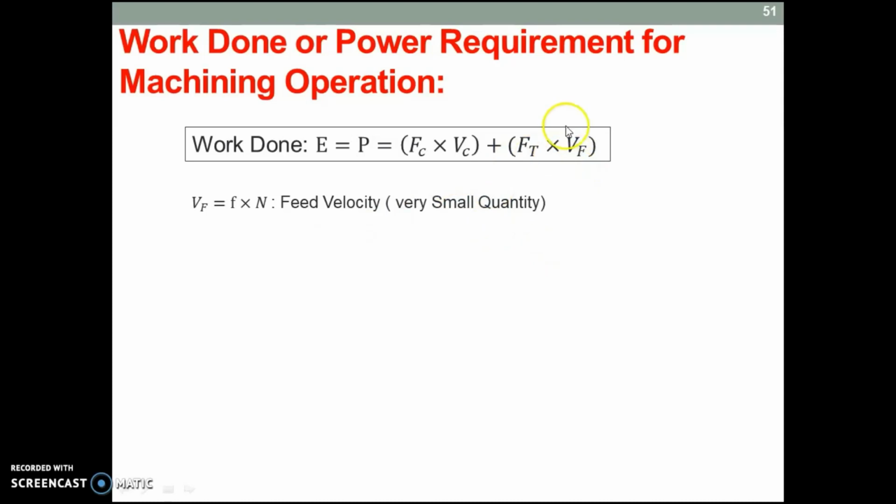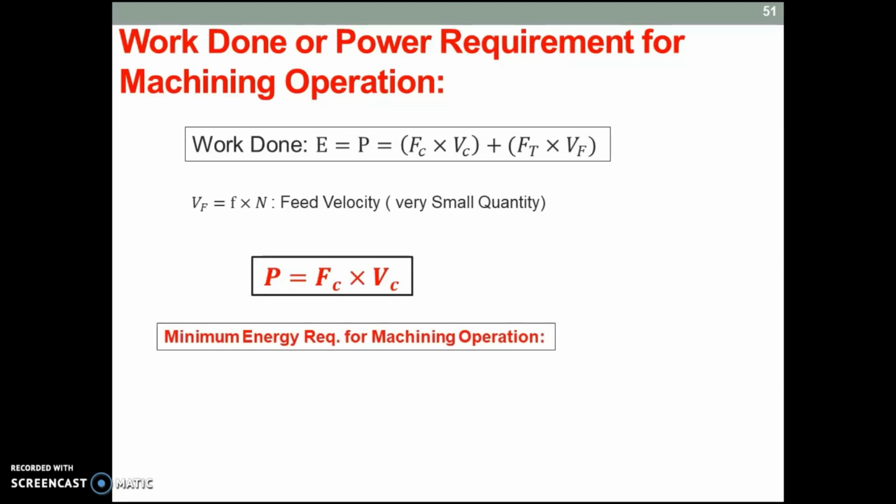That's why we neglect the effect of Ft into Vf: the feed velocity is very small, so this multiplication becomes smaller. The energy, work done or power consumption is mainly because of the cutting force and cutting velocity. So we consider P equal to Fc into Vc, where Fc is the cutting force and Vc is the cutting velocity.